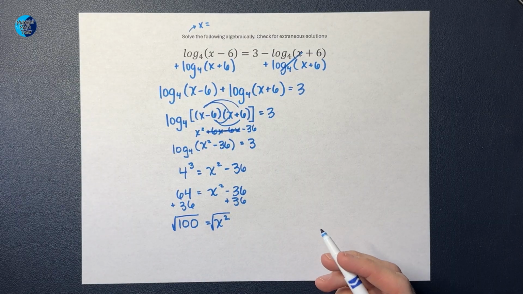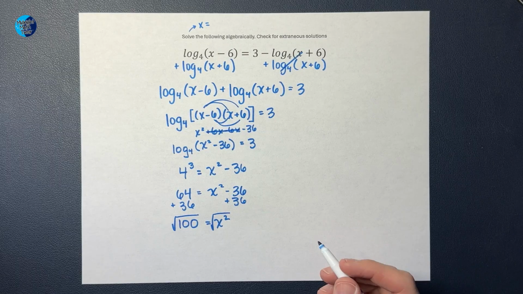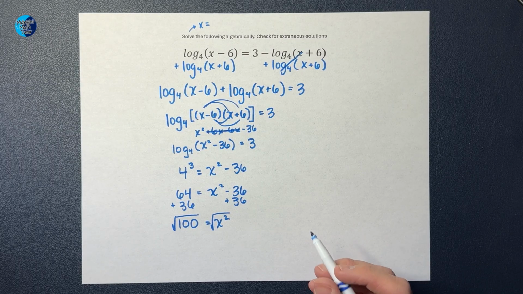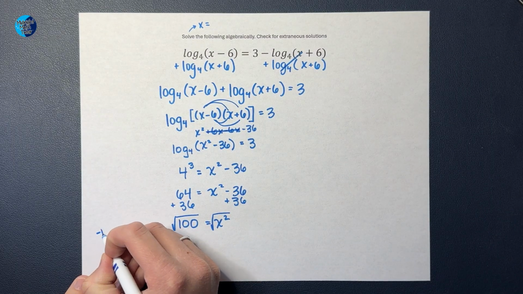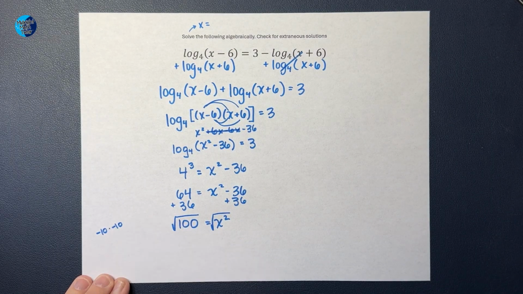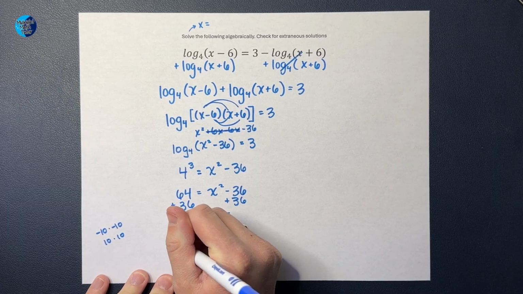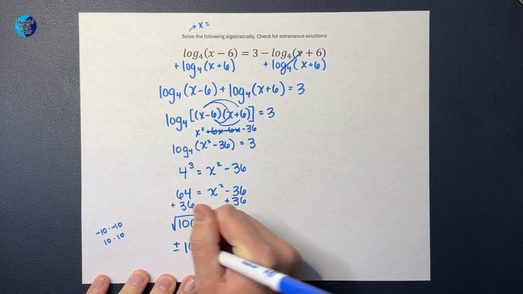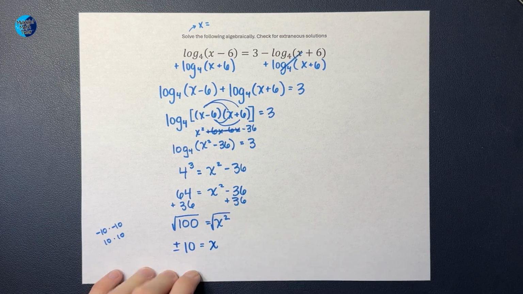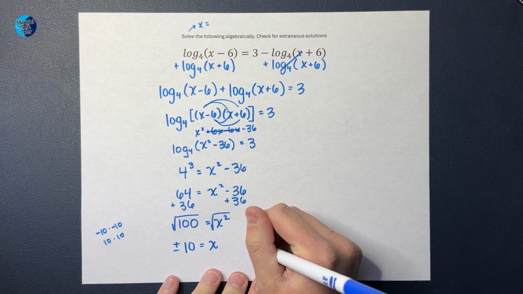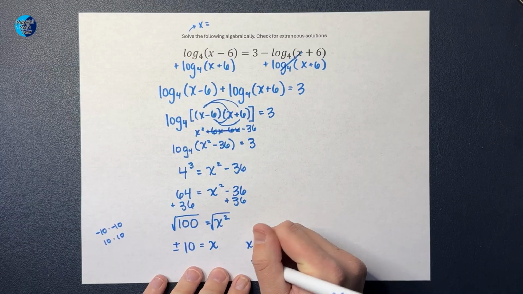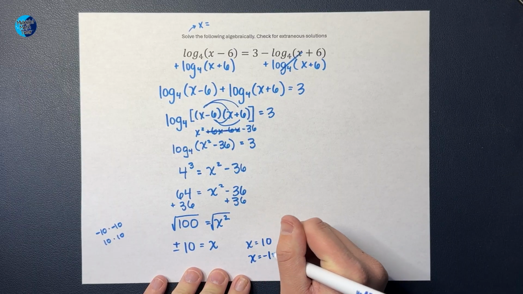Well, I know the square root of 100 is 10. We also need to take into account negative 10, right? Because negative 10 times negative 10 is 100, and 10 times 10 is 100. So we usually signify that by plus or minus 10 equals x. Or you can write it out, x equals 10 and x equals negative 10.